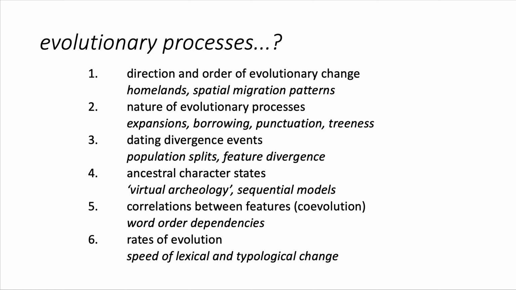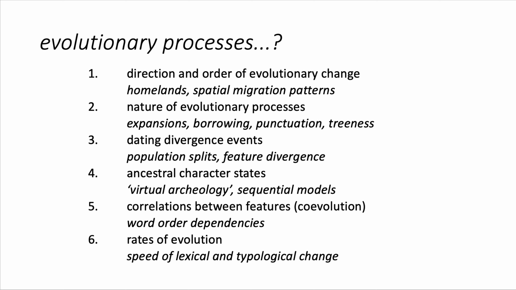So point 1 here, we are interested in doing this kind of stuff. Also, additionally, in the direction and order of evolutionary change, looking at homelands, looking at spatial migration patterns of families. We are interested in the nature of evolutionary processes, expansions, borrowing, punctuations, how tree-like evolution has been. And we are interested in dating divergence events.